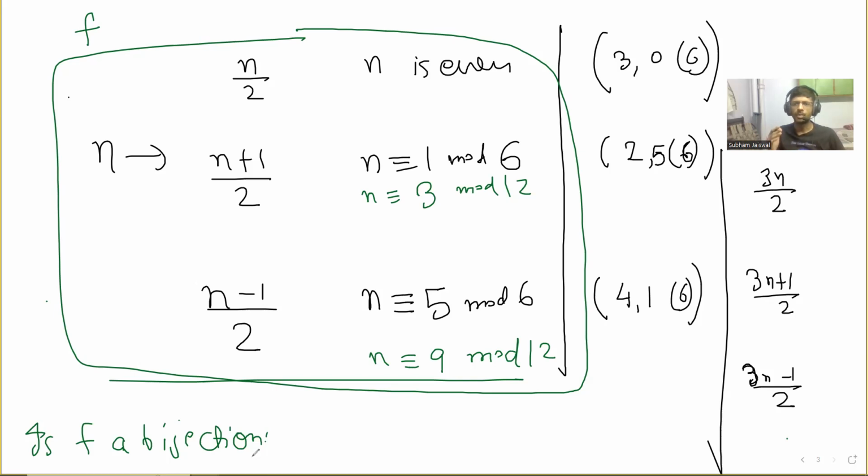Yes, right. And of course, we can uniformly write it in terms of mod 12 also, but I'm not doing that. Is F a bijection? Let's check it.